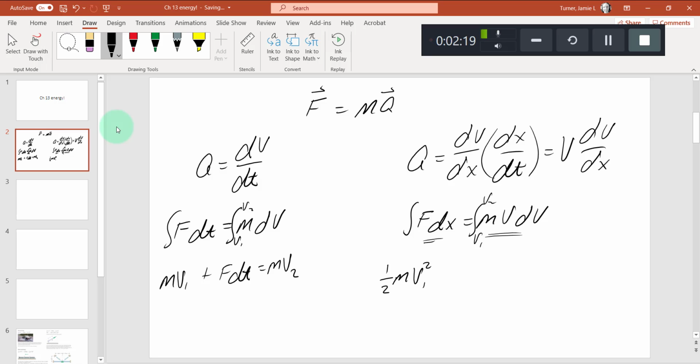This is a scalar property, and I'm going to leave f dx as is for now because this is going to turn into either work or potential energy or a whole bunch of different things.